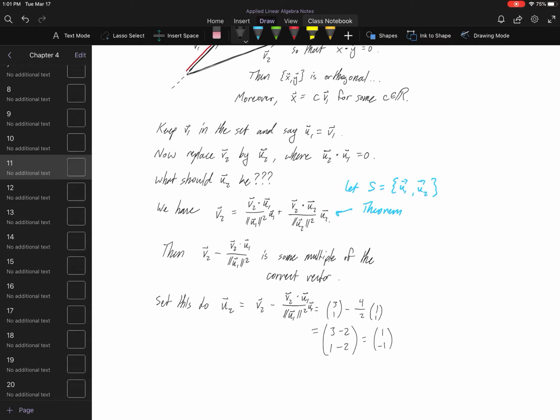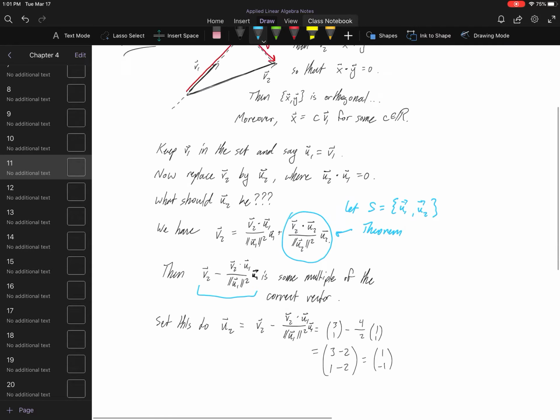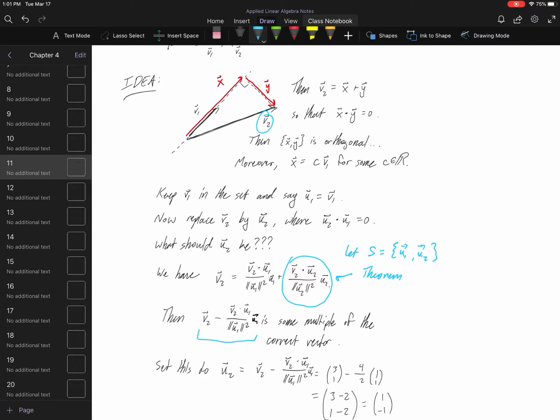So that would mean that v2 here, and I didn't put that on there, there should be a u1 right there. There we go. Then v2 minus this quantity. So if I solve for this here, then we are looking at this quantity here, this difference of vectors, v2 minus this multiple of u1.